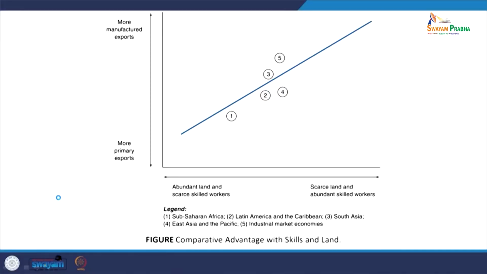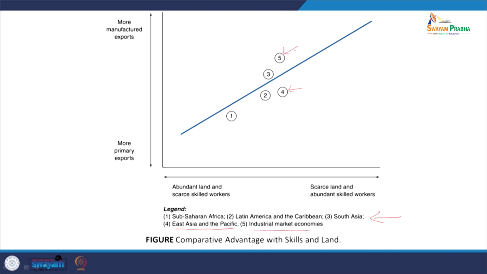Now, more evidence is also derived by other economists, especially in Krugman's work, Krugman and Obstfeld. We have seen the examples of Sub-Saharan Africa, Latin America, the Caribbean, South Asia. Here, 1 stands for Sub-Saharan Africa, 2 stands for Latin America and the Caribbean, 3 stands for South Asia, 4 stands for East Asia and the Pacific, and 5 stands for industrial market economies.